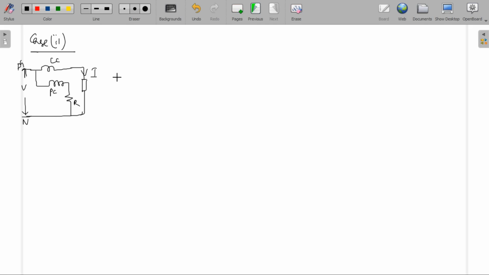Right now let me draw the phasor diagram. I. For lagging loads, current lags voltage by an angle phi. So this is V.